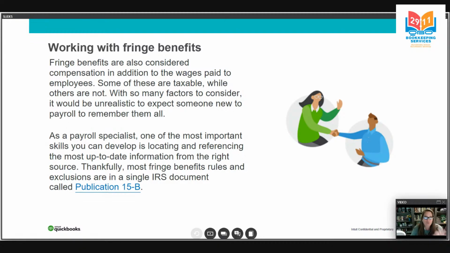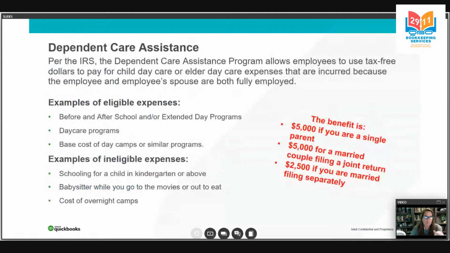Most fringe benefit rules and exclusions are in the publication 15B, the IRS 15B publication. We're going to zip through most of this because, again, this is a lot. I don't expect you to remember every single thing. I don't. I have to look it up every single time fringe benefits comes up.